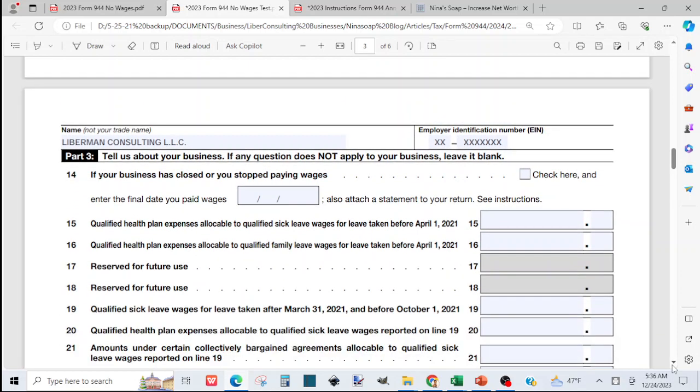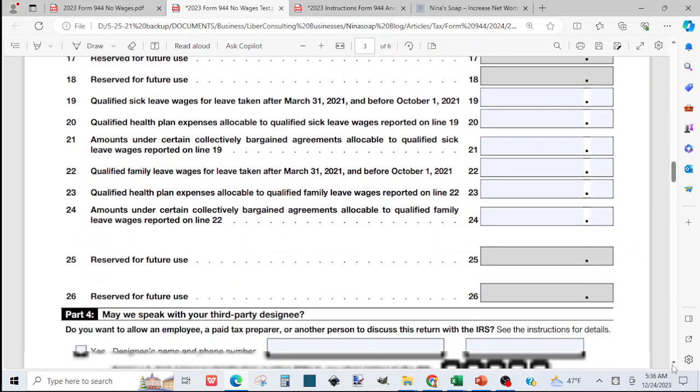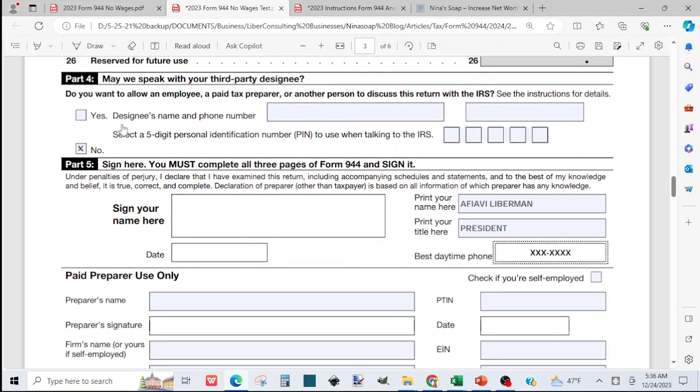And again, you review the document to make sure you put your business name and EIN on each one of those 3 pages. You review the document to make sure you sign and date it as well.